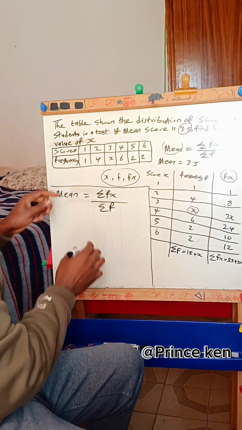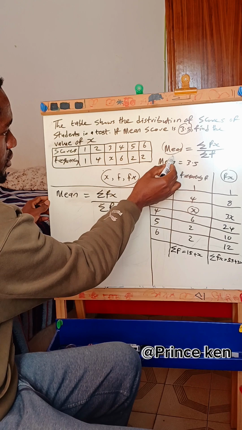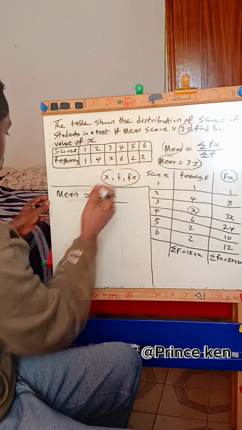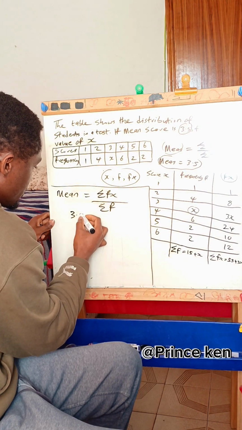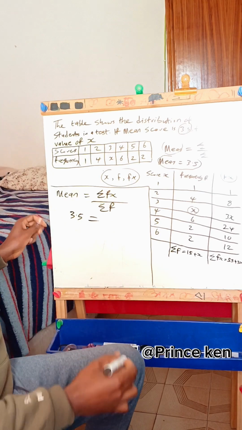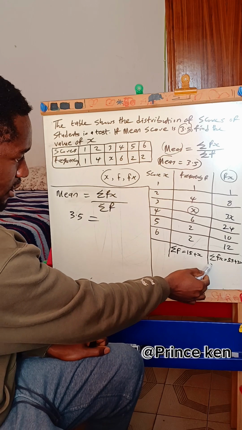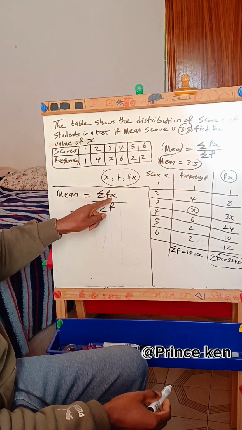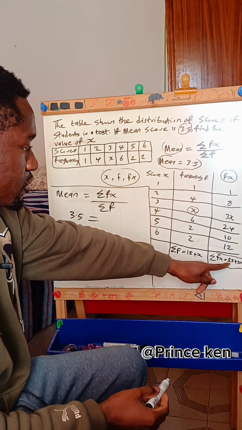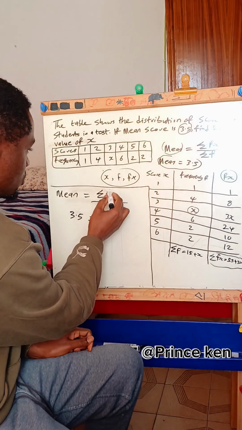Now, note that our mean is already given, which is 3.5. See it here. See it on the question. So this mean is equal to 3.5. Note that summation of Fx is here. See it here. Summation of Fx is equal to 55 plus 3x. So you have to substitute this on this.